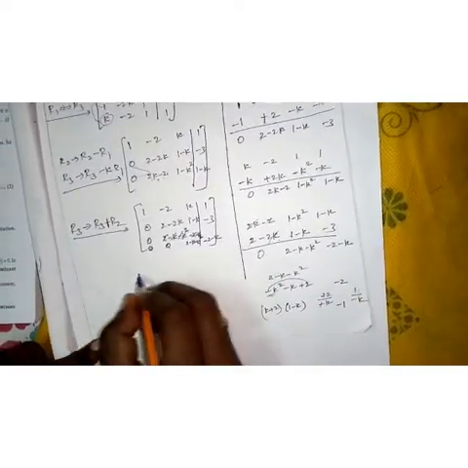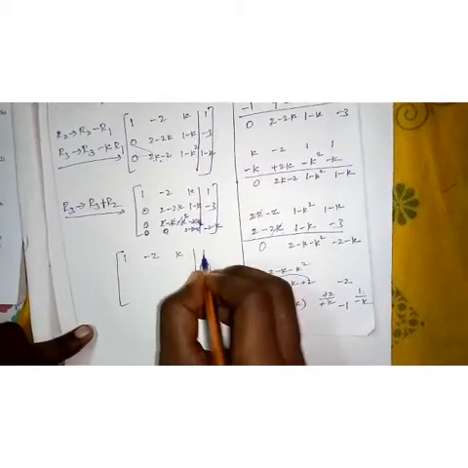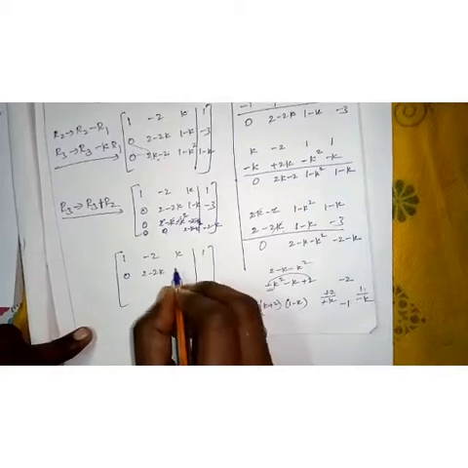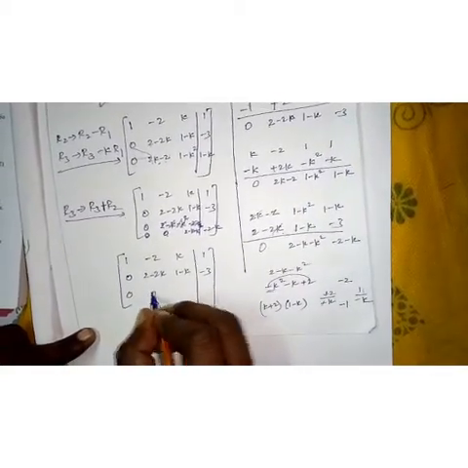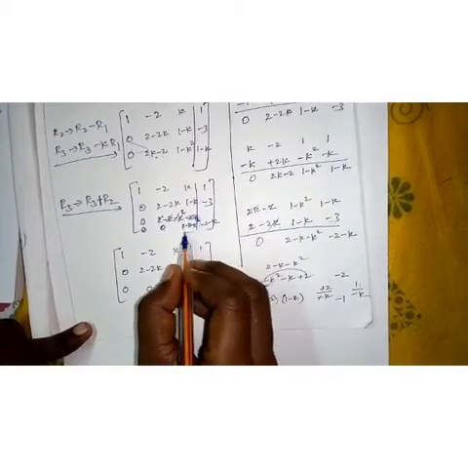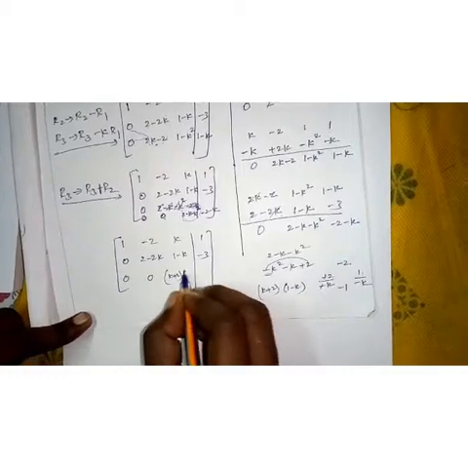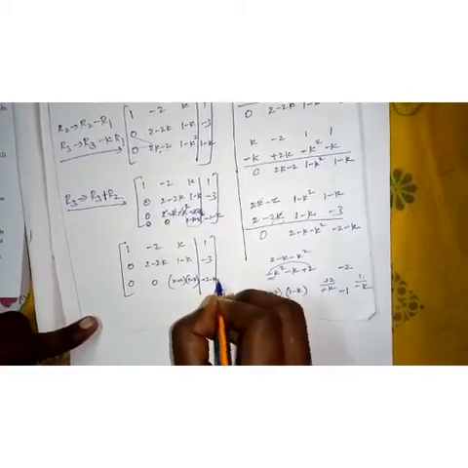Using here, that is 1, minus 2k, 1. Second row: 0, 2 minus 2k, 1 minus k, minus 3. Third row: 0, 0, little bit simplify for this, it will come k plus 2, 1 minus k, minus 2 minus k.